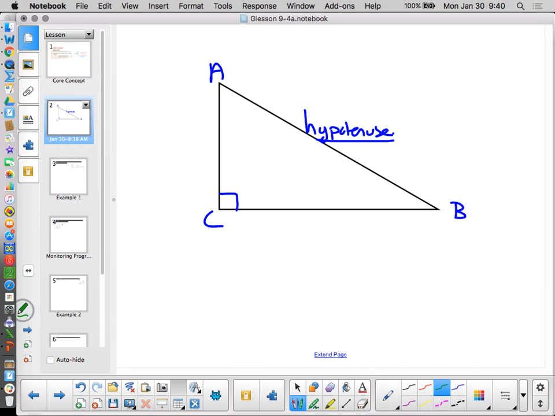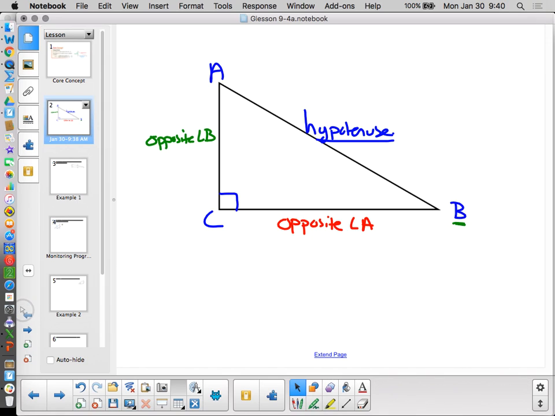All right? Now, the term opposite is very descriptive. If I want to talk about the side opposite angle B, this is the side opposite angle B. If I want to talk about the side opposite angle A, then this is the side opposite angle A. The term adjacent is also kind of descriptive.